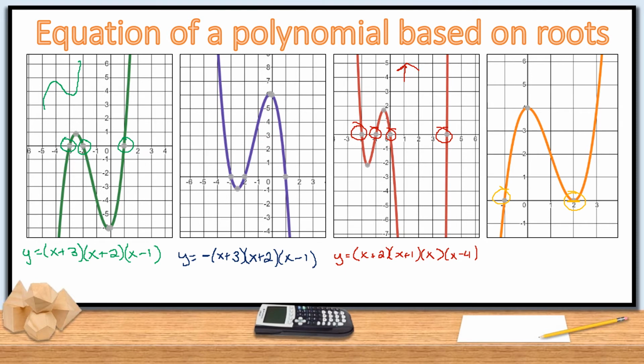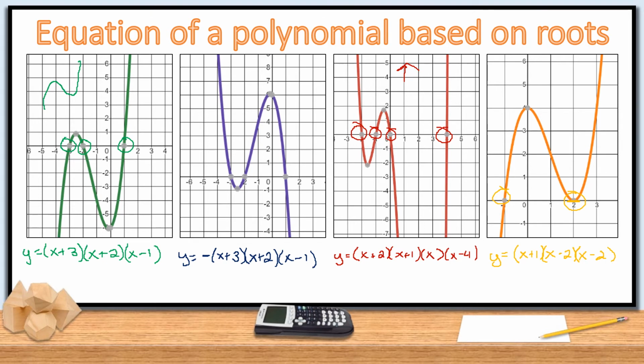So just to give you an idea, the 0 at x equals -1 means a factor of x plus 1, and then x minus 2. And what's happened is there is another x minus 2. That's what causes the turning point at x equals 2.